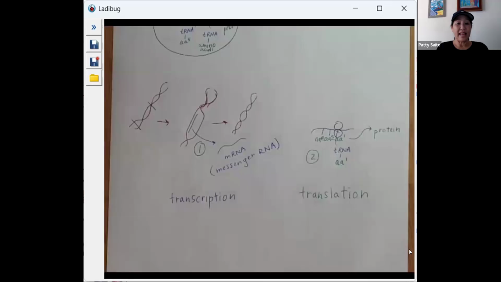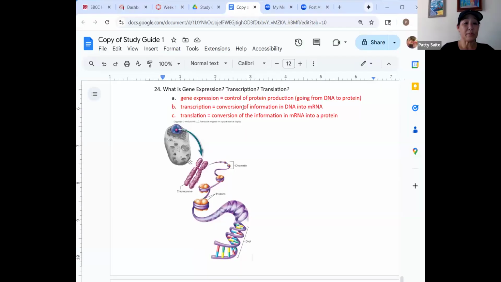So I hope that makes sense, and let's go back. We're almost done here. Okay, so transcription is the conversion of DNA into messenger RNA, and translation is the conversion of the information in the messenger RNA into protein. And that's all you have to know, right?